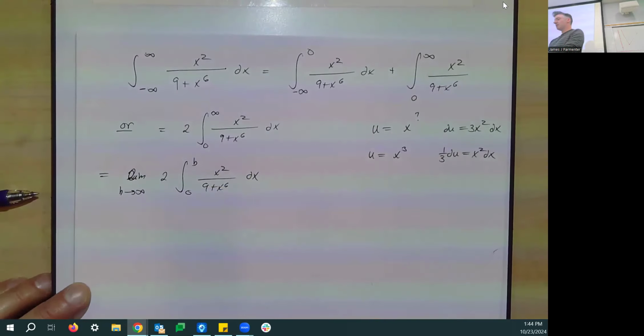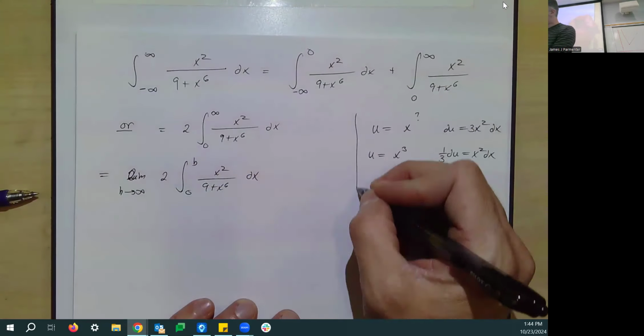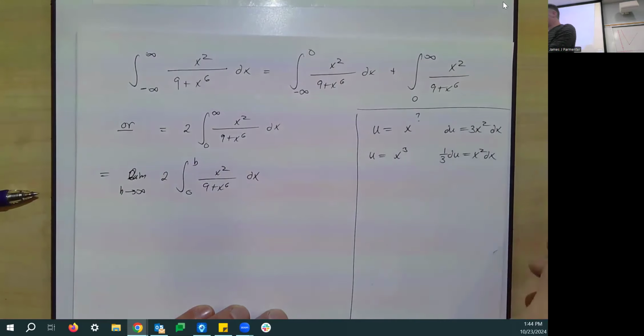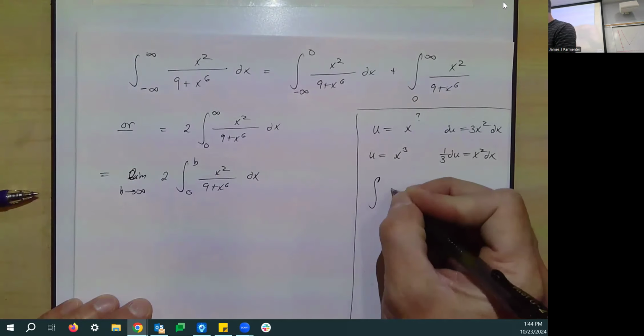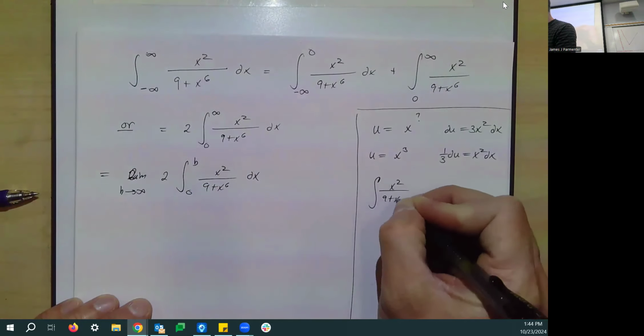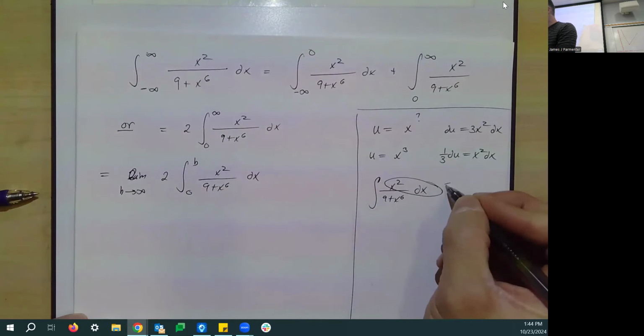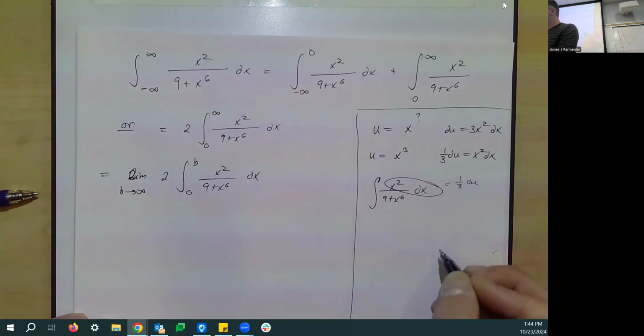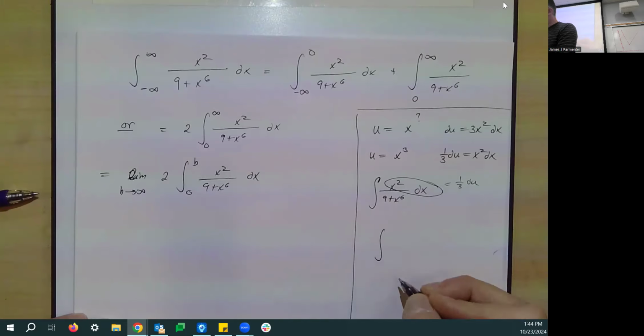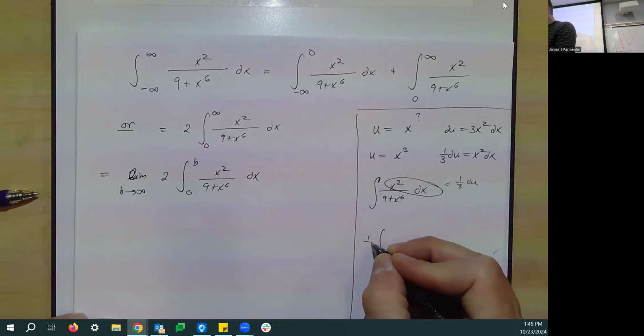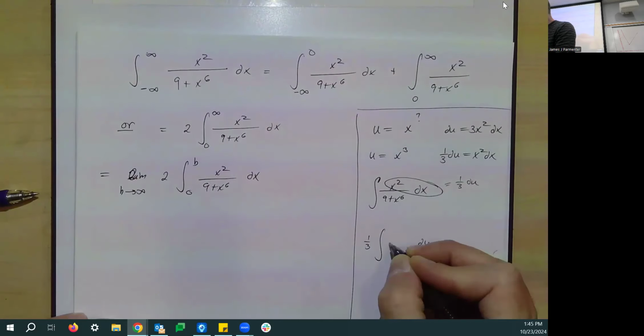But then, since I'm having to use a method that's going to take up more writing space than I really want to, I'm going to do that off to the side for the indefinite integral. So I'm going to look at the integral of x squared over 9 plus x to the 6th here. And yes, my x squared dx is exactly my 1/3 du. So I have the integral of 1/3 du.